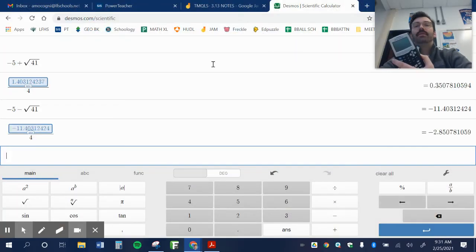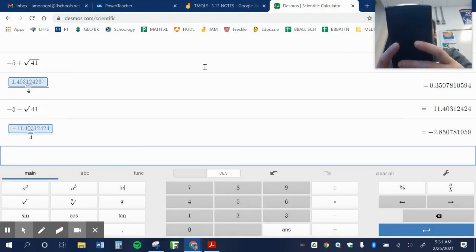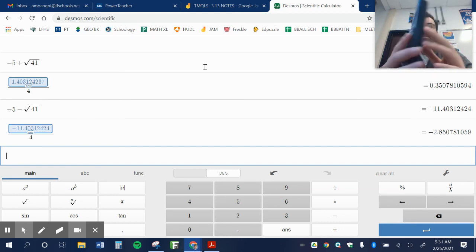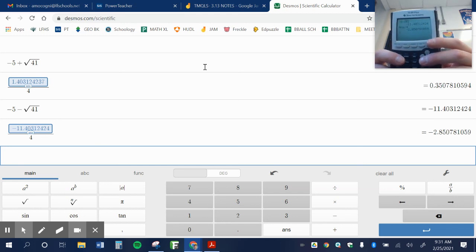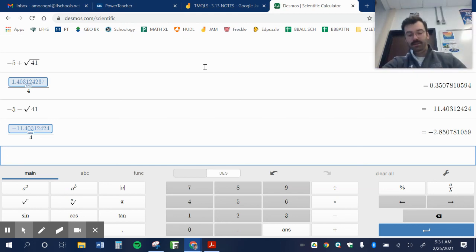You can do this in your calculator as well, but actually you can just do it: negative 5 minus square root of 41. Press enter, I get this. Divide by 4. If you just hit divide by 4, it automatically includes the answer. So you get the same thing, and that's going to be negative 2.851.